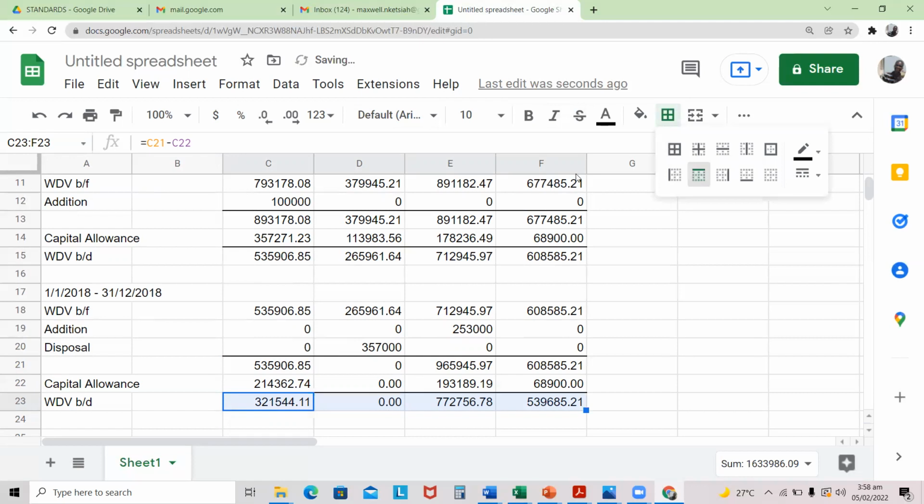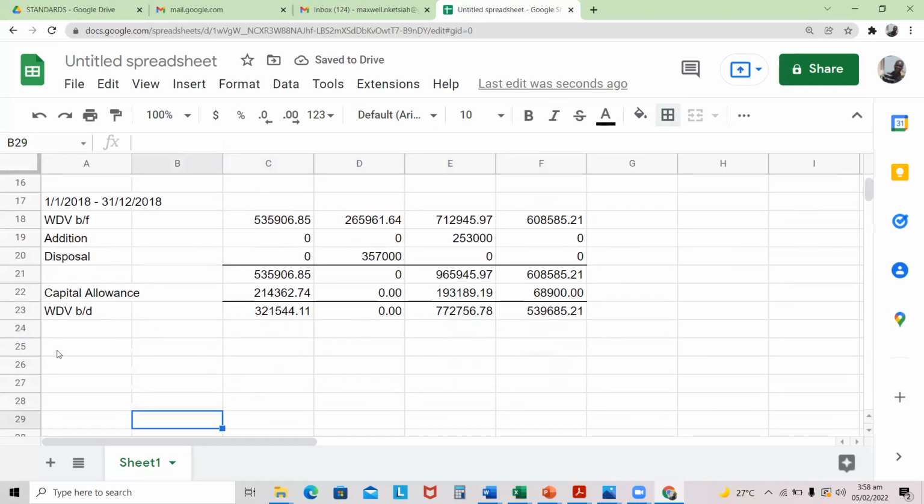So let's go to 2019. First, 1st January 2019 to 31st December 2019. So written down value brought forward is this.